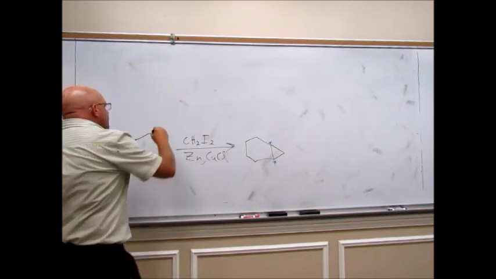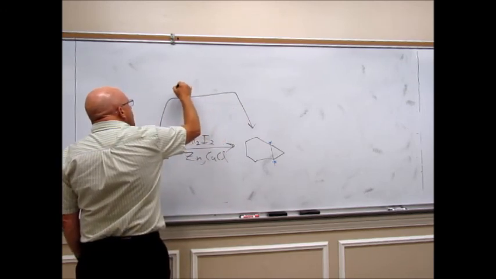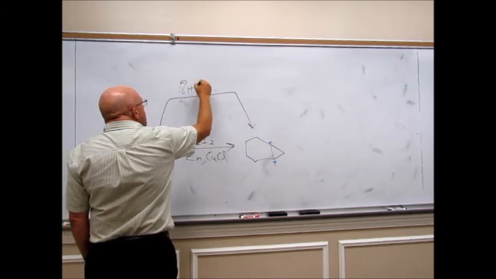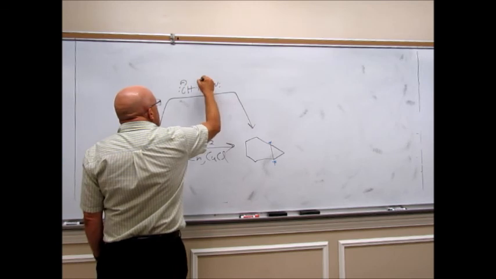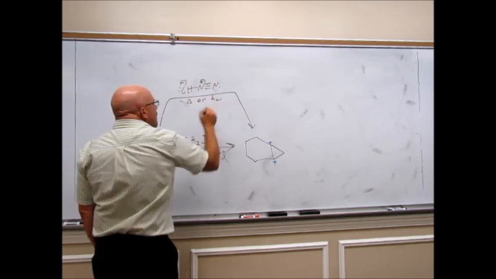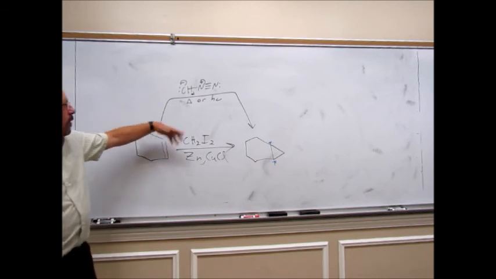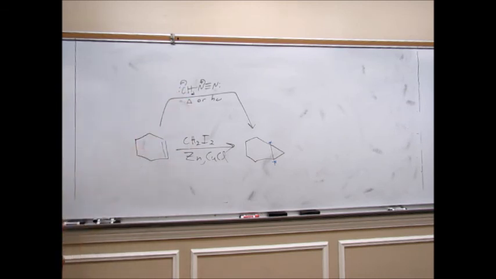So we would have gotten the exact same product if I had done the diazomethane. If you use the diazomethane, you get the exact same product. It's going to go through that carbene and we're going to get the exact same product.